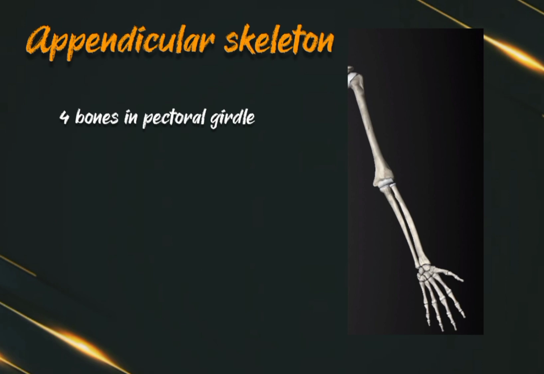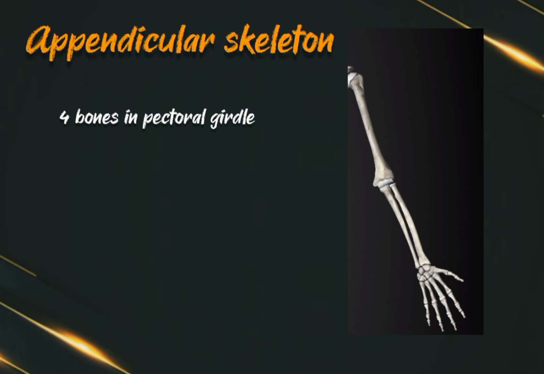Now moving toward the upper extremities. If we take a close look at one limb, we will find one humerus in the arm, one radius and one ulna in the forearm, 8 carpal bones in the wrist, 5 metacarpals in the palm, and 14 bones in the phalanges on one side of the hand.